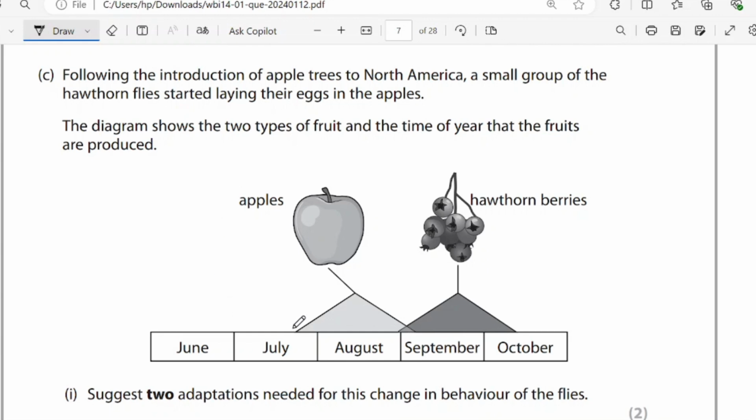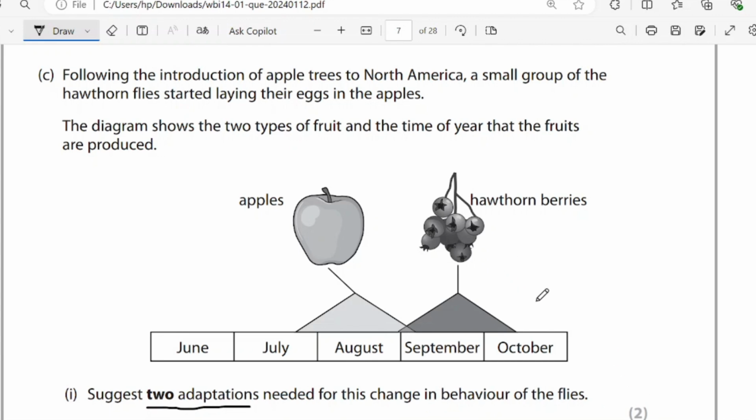You can see June, July, August, September, October. This is the time when hawthorn berries are growing, and apples grow in almost mid-August. So the question is, suggest two adaptations needed for this change in behavior of the flies.